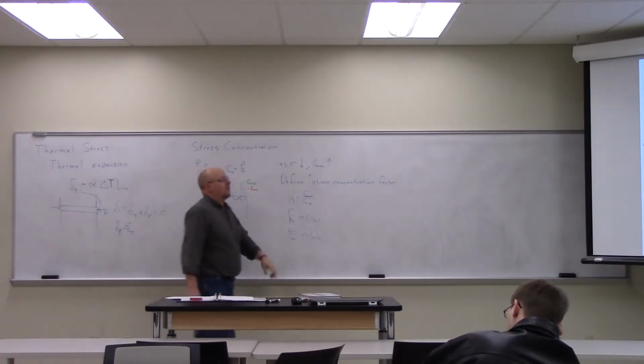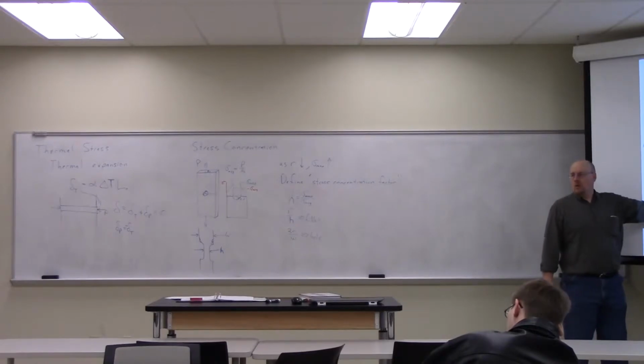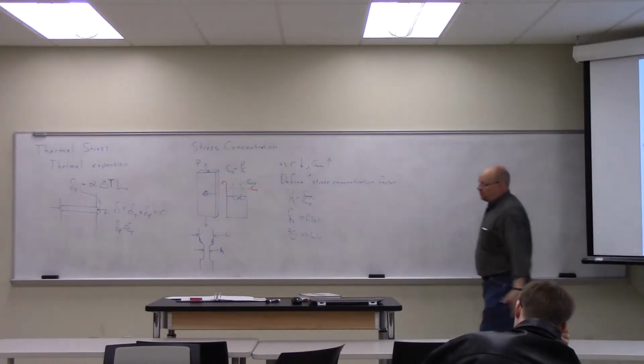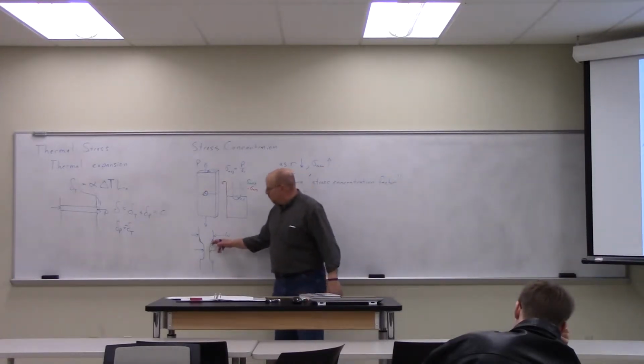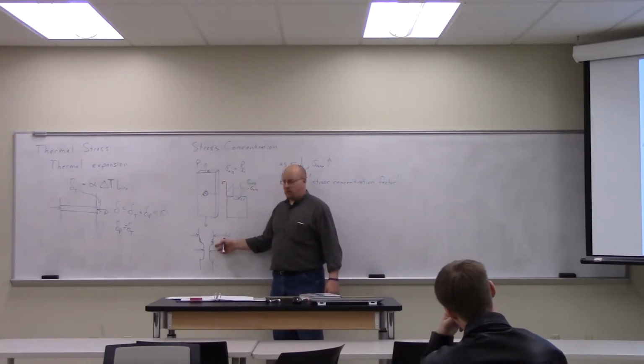If you look over here, you get a high stress concentration when there's a big difference between the two. But if you cut those holes out, you're effectively making W smaller, and you're moving to a lower stress concentration factor. So sometimes if you had a part like this, you might remove some of this material if you absolutely had to have this sharp corner in there.